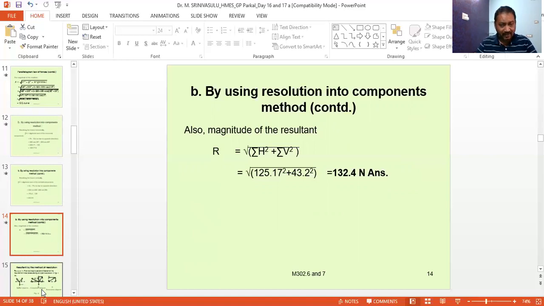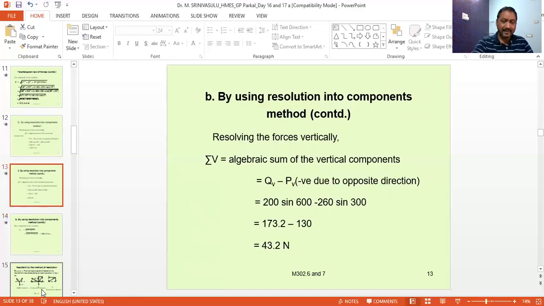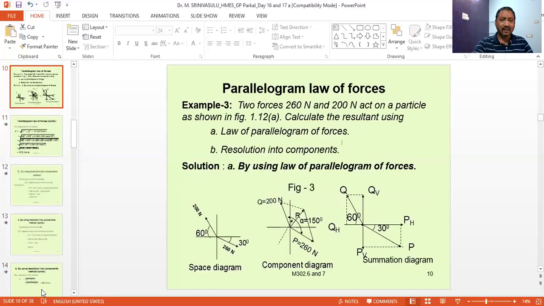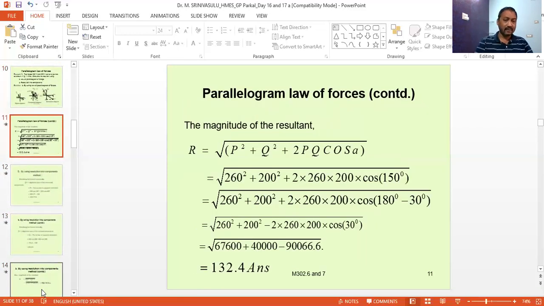Now here the value R is equal to 132.4 newtons, and in the previous case, by using the law of parallelogram of forces, the magnitude of the resultant R is equal to 132.4 newtons. So in both the cases, the magnitude of the given force system R is equal to 132.4 newtons.